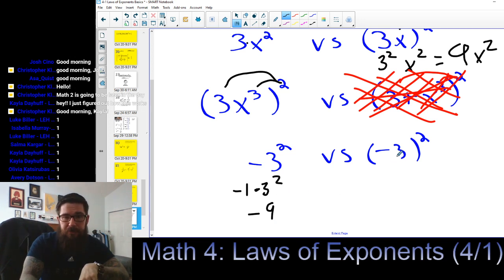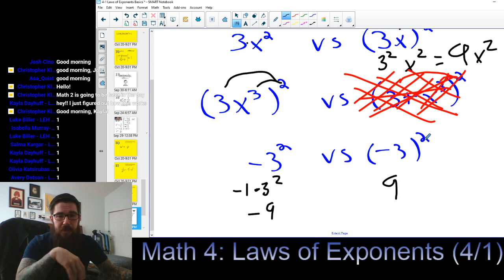The right side here is saying I want to take a -3 times a -3, multiply those, what are you going to get? -3 times -3 is just a +9. This gets real tricky with even powers because that's going to basically cause some flip-flopping of those values. Be aware of these.